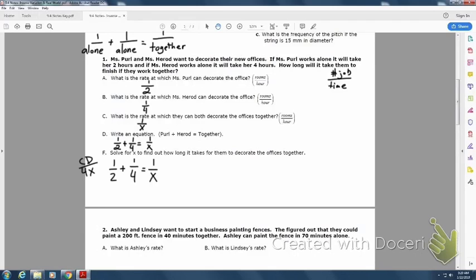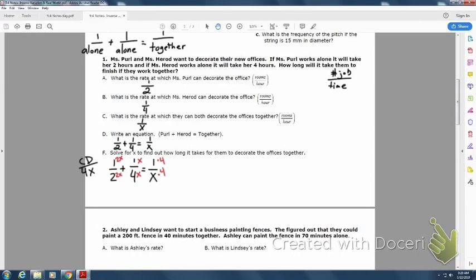So I need to go to each fraction. 2 times what would give me 4x? 2x. So I've got to multiply the top and the bottom by 2x. 4 times what would give me 4x? X. X times what would give me 4x? 4.